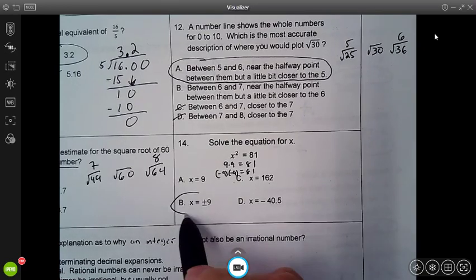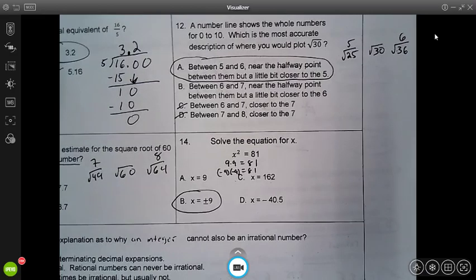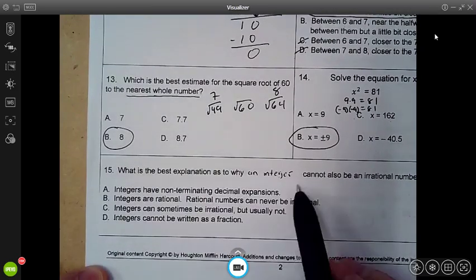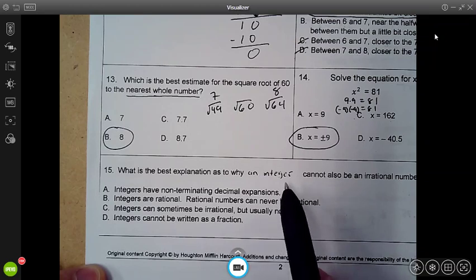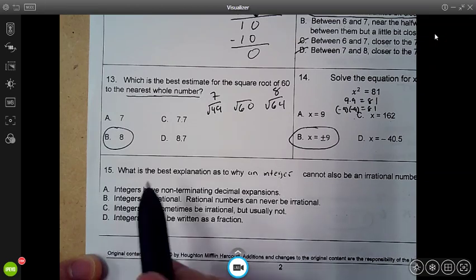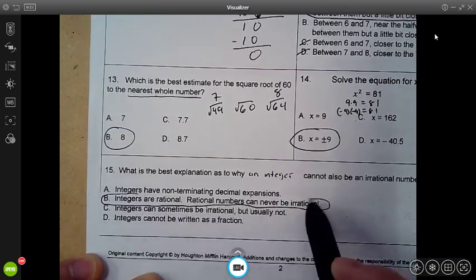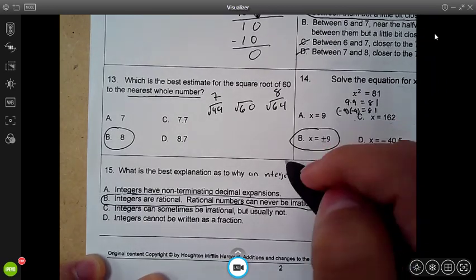That's option B. Number 15, what is the best explanation as to why an integer cannot also be an irrational number? Well, an integer is a rational number. Okay? So if you look at option B, integers are rational, and rational numbers can never be irrational. Okay, so for this one, an integer is a rational number.